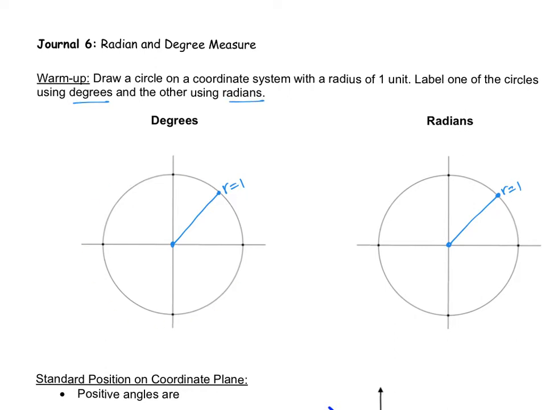And how I want to start off is to understand that if we were to go around the circle, we create a revolution. So one revolution is, in this case, 360. If you've already learned about circles before, you know that if you go all around the circle, you have 360 degrees, which is also called one revolution.